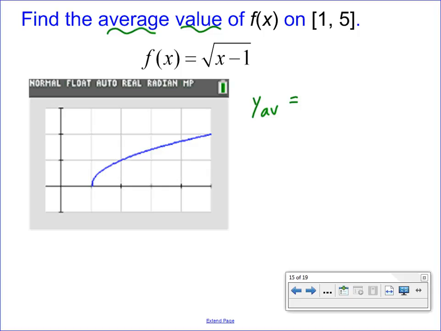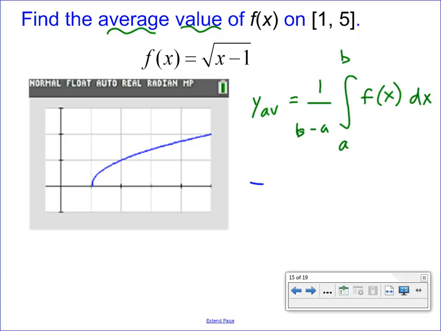So my y-average is given by 1 over the length of my interval, times the integral from a to b of f of x with respect to x.